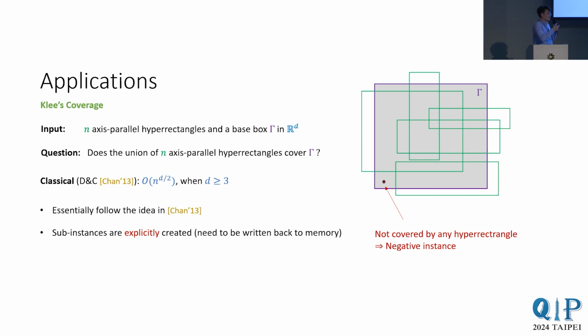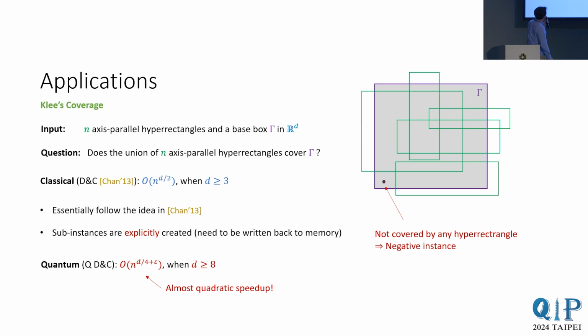So we have to create a purely new subinstance and return it back to the quantum memory, so we can reuse it for the following work. The other parts can be perfectly handled by our meta theorem. By using our meta theorem, of course, we achieve almost a quadratic speed up when d is bigger than 8.